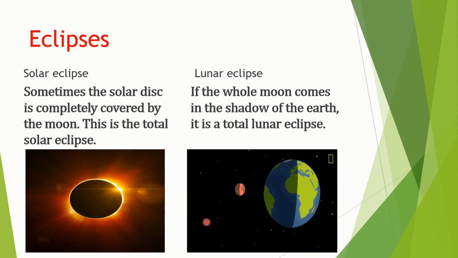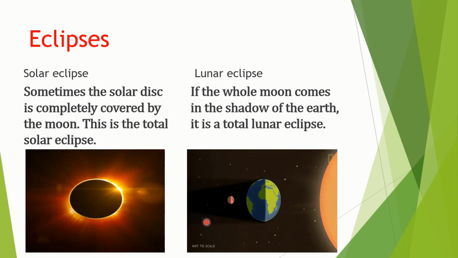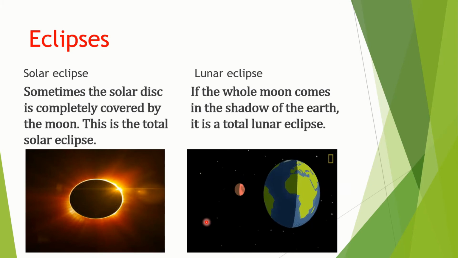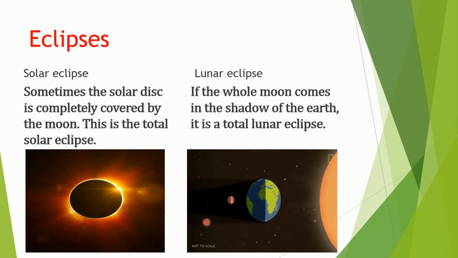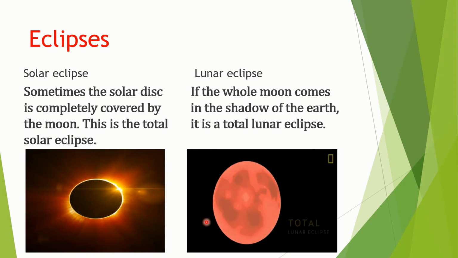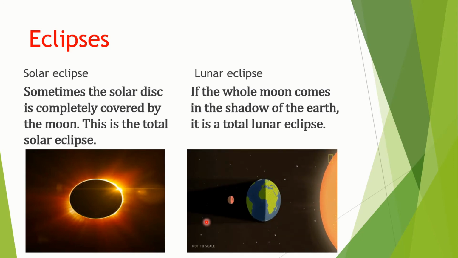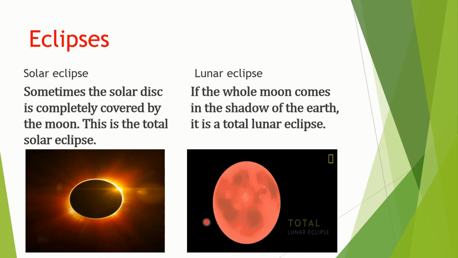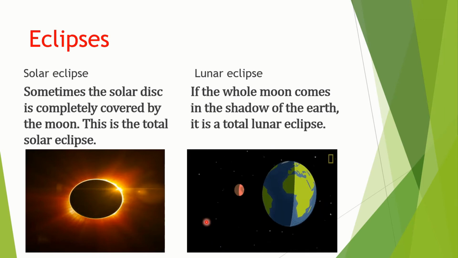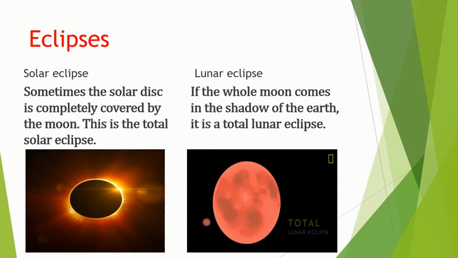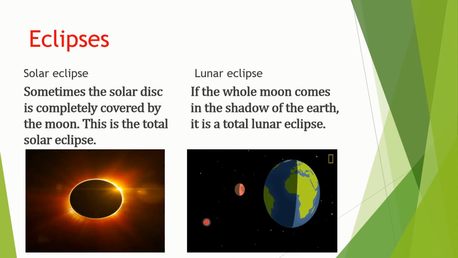And in a lunar eclipse, if the whole moon comes in the shadow of the earth, it is a total lunar eclipse. I repeat, if the whole moon comes in the shadow of the earth, it is a total lunar eclipse.